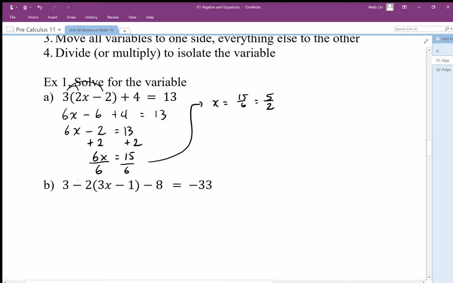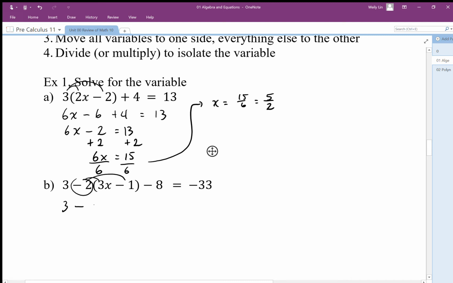So again here, one thing to be careful of, and this is something that I see all the time, and we want to avoid this, is we don't want to do that first. 3 minus 2 does not work because we have to do the times before the minus. So when we're doing this as well, we need to keep track of our terms. So the 3 doesn't get affected. We're going to distribute the minus into the brackets.